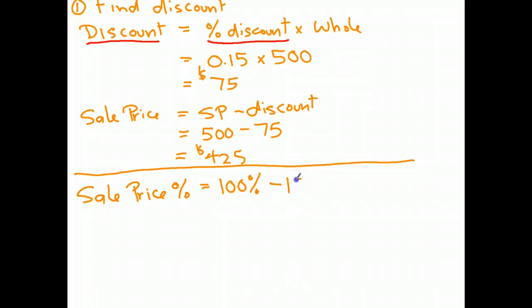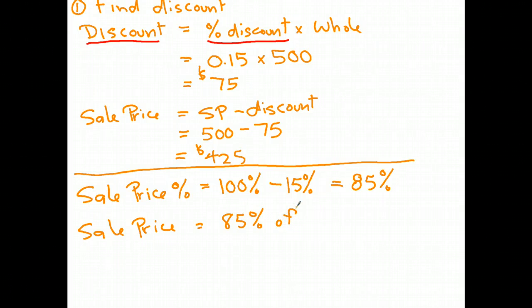We're taking off a 15% discount, and therefore we're paying 85%. So we can use that to say the sale price is 85% of the original price of $500.